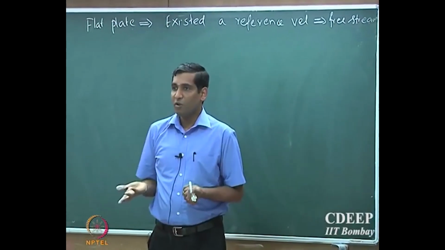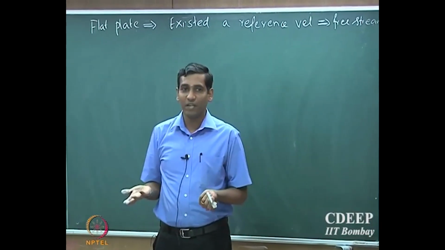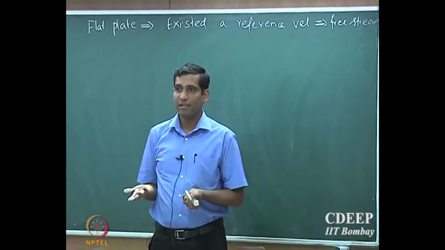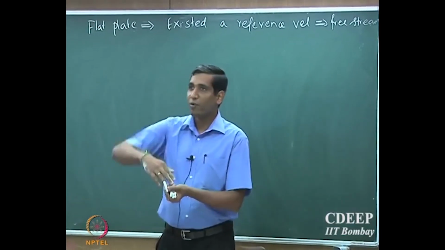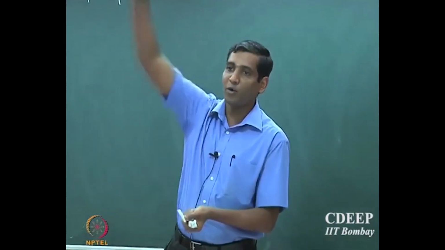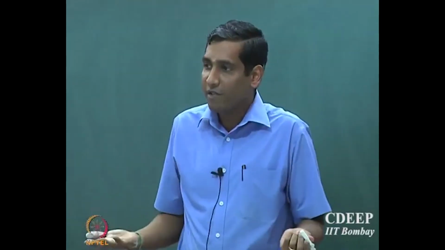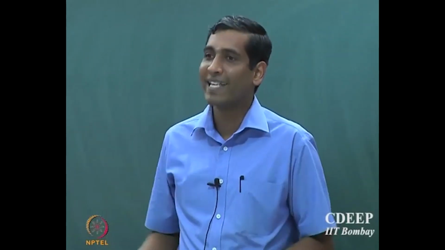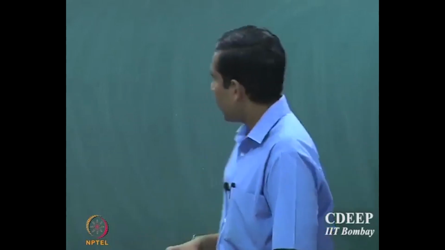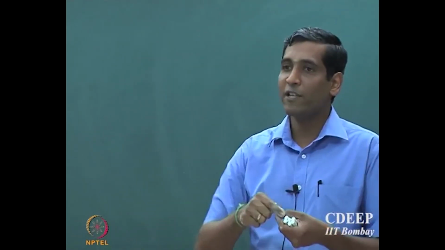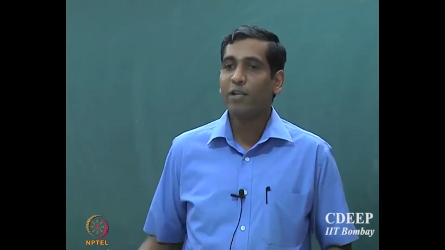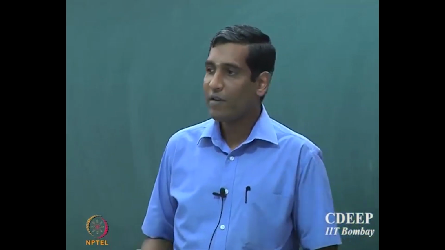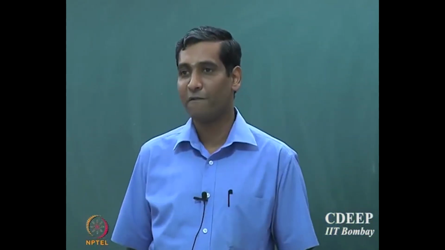But in a pipe flow, there is nothing called a free stream velocity, right? In a flat plate, you had whatever fluid flowing well past the boundary layer, you say that's the free stream velocity, and we use that for all scaling purposes. But in an internal flow, when fluid is flowing through a pipe, there is no reference velocity. So we have to start by defining the reference velocity.